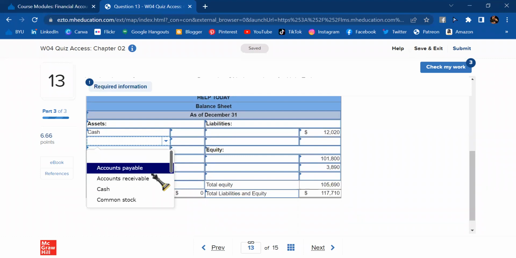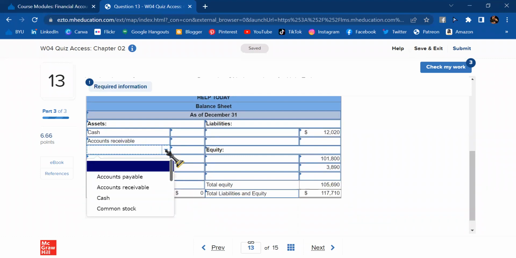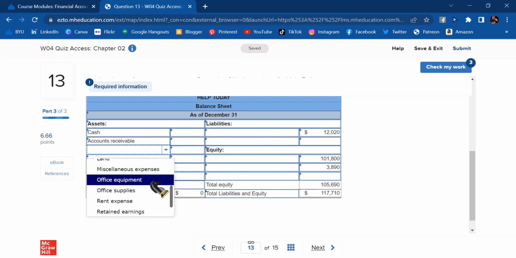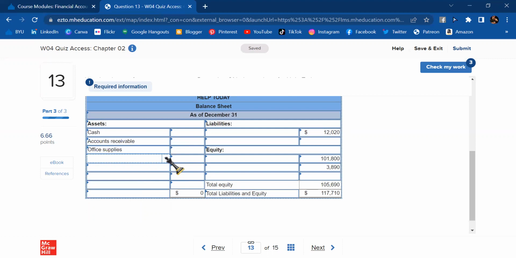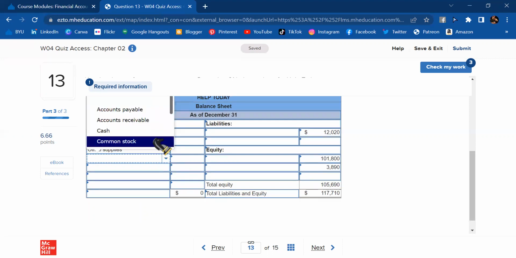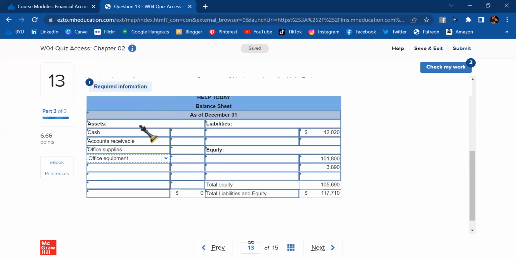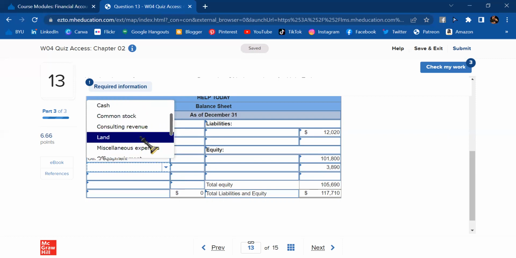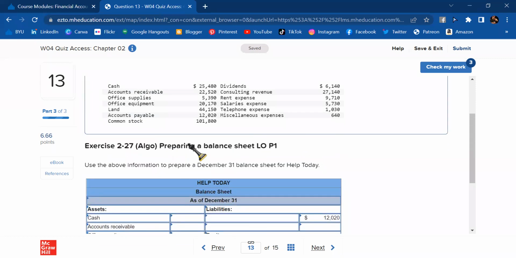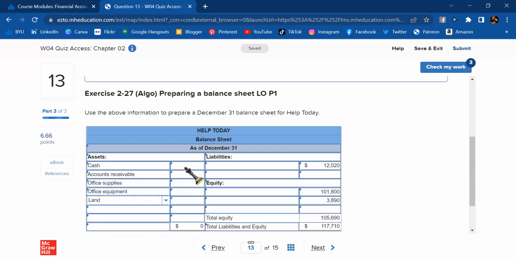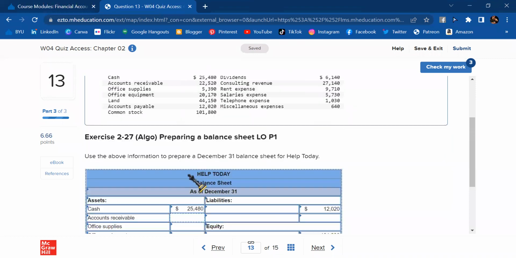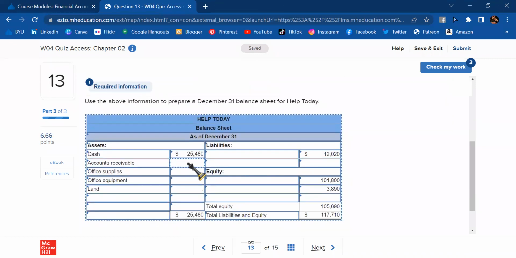So accounts receivable, office supplies, office equipment, and land. All right, so we got 25,480 for our cash, and for our accounts receivable, 22,520.